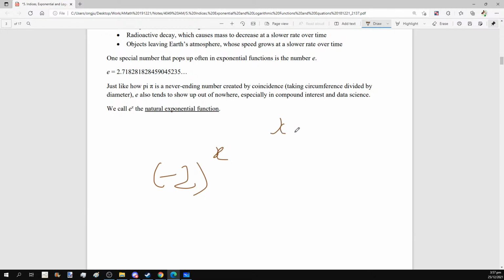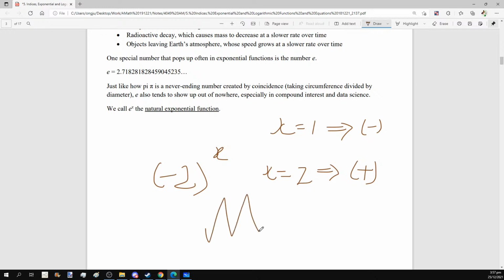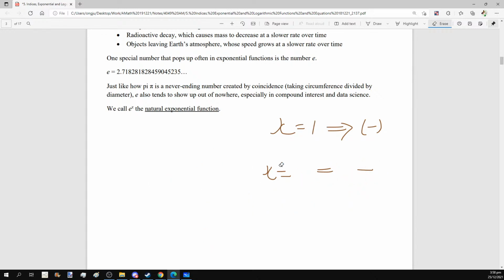If you have an odd number x, it will be negative, but if you have an even number x, it will be positive, and then it will alternate, which will be very painful to deal with, and also not nearly as common when we look at applications of the math you learn in school in real life, right? So even in the A math syllabus, we will not be focusing too much on all of this stuff.